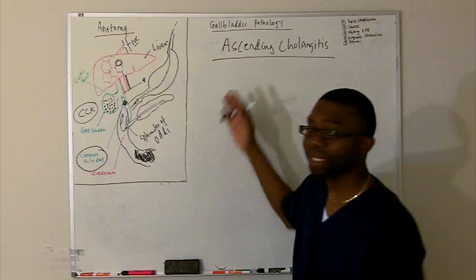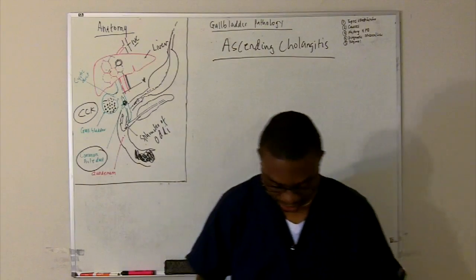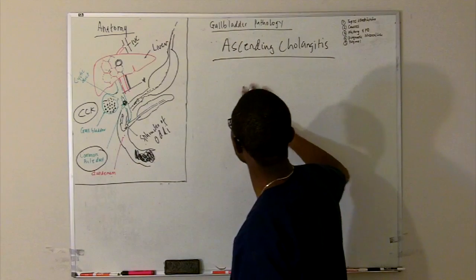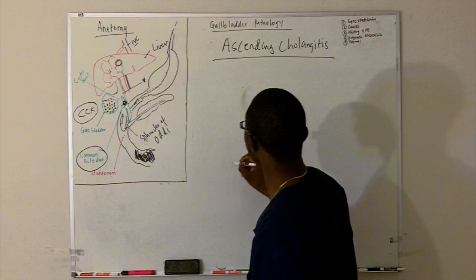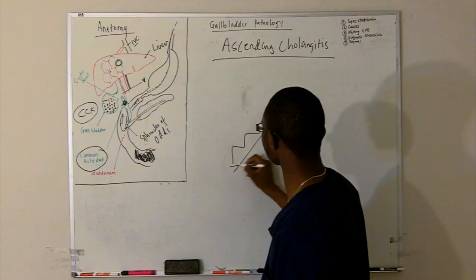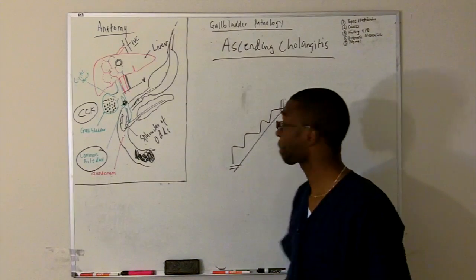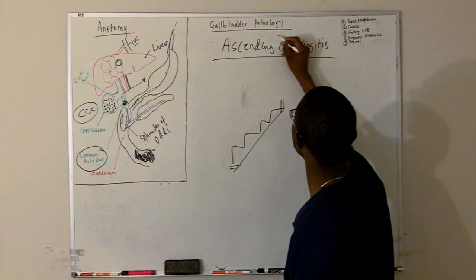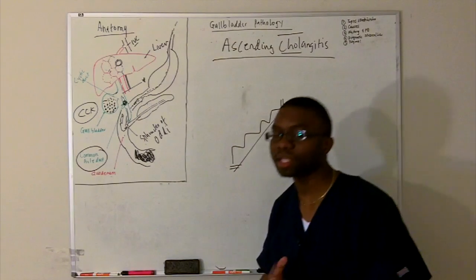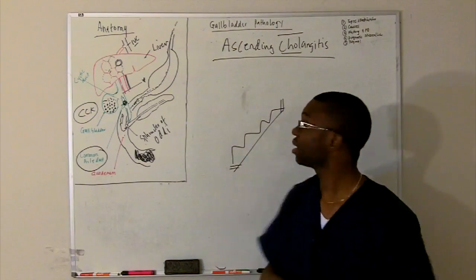So the definition of ascending cholangitis is what? Something is going up, right? Through the steps, affecting the biliary tree, right? Chole, biliary, gallbladder.